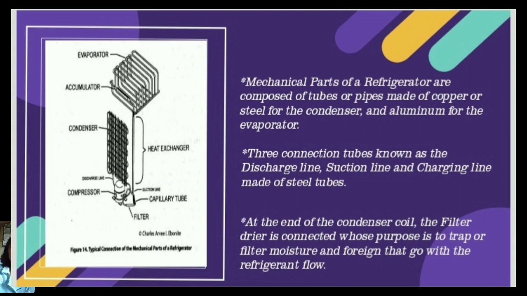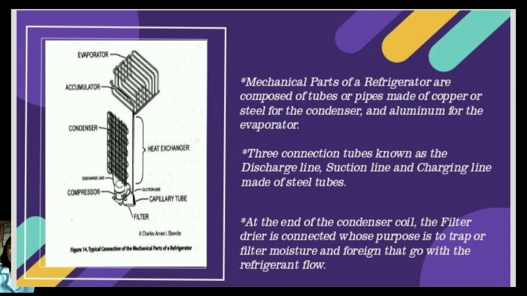The cycle begins with the refrigerant entering the compressor as a low pressure, low temperature vapor. The compressor pressurizes the refrigerant and it exits as a high pressure, high temperature vapor. Next, the refrigerant moves through the condenser coil.